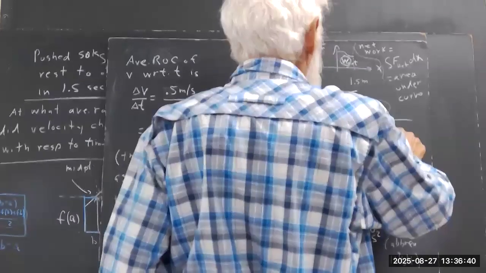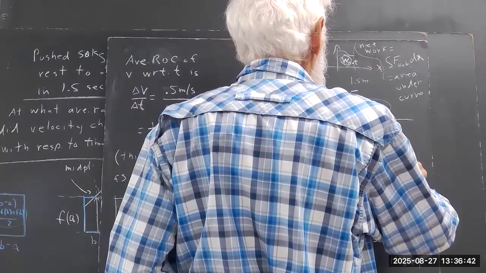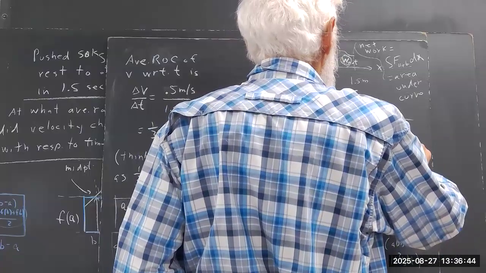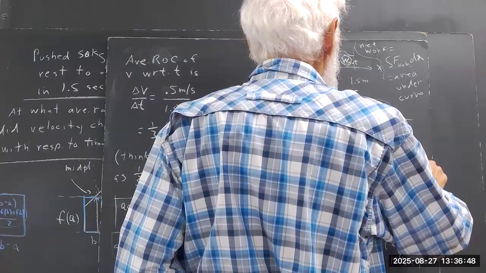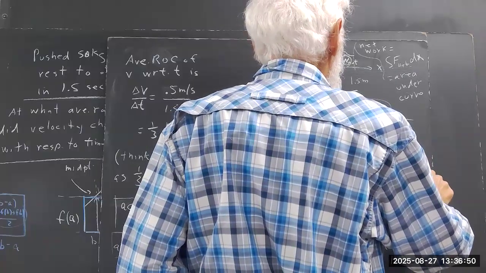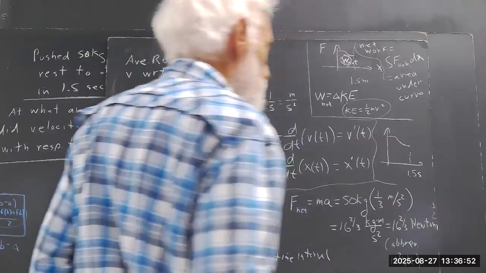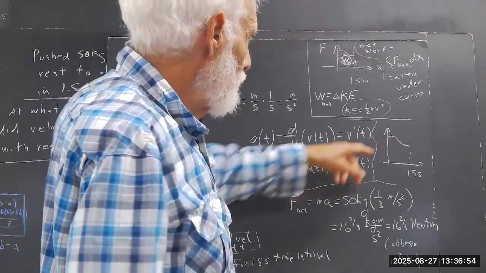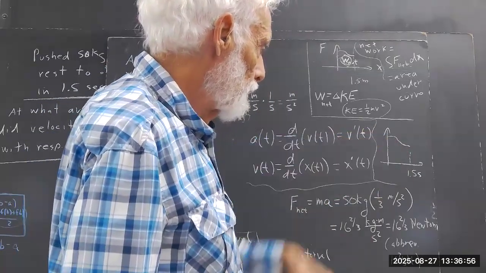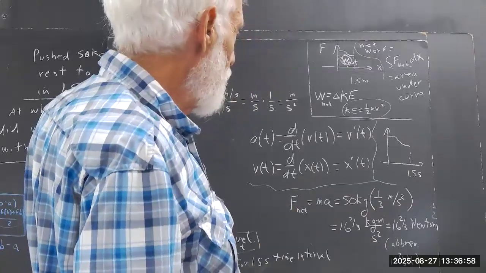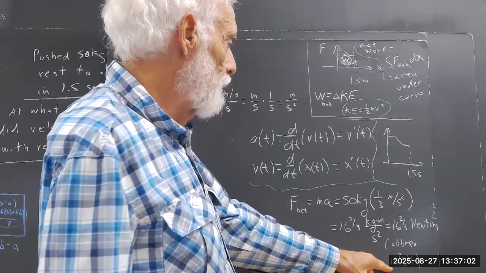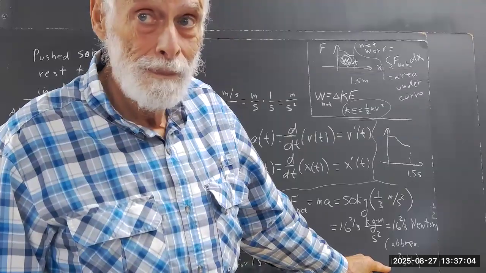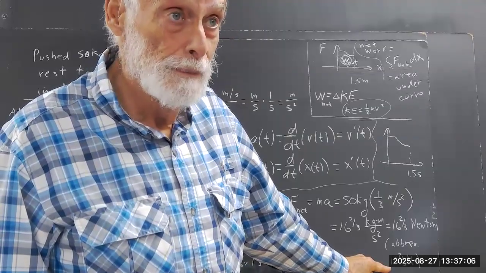One more picture I'm going to squeeze in here. Now, I don't know what my initial or final force is, but I know that my average force is 16 2/3 newtons.